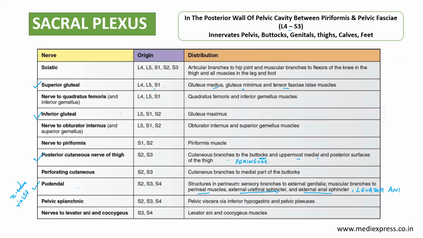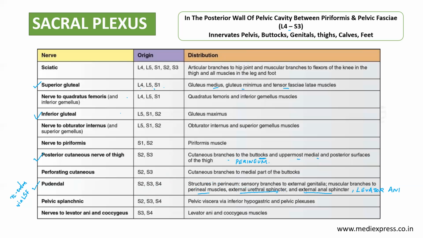That is why whenever there is an injury to the spinal cord at the level of S2, S3, S4, there is incontinence or retention of urine because of the paralysis of the external urethral sphincter. That was about the pudendal nerve.